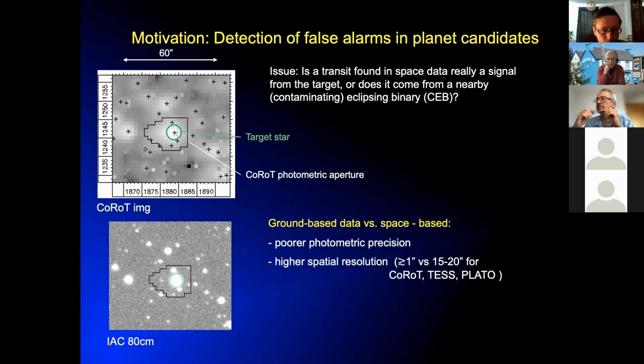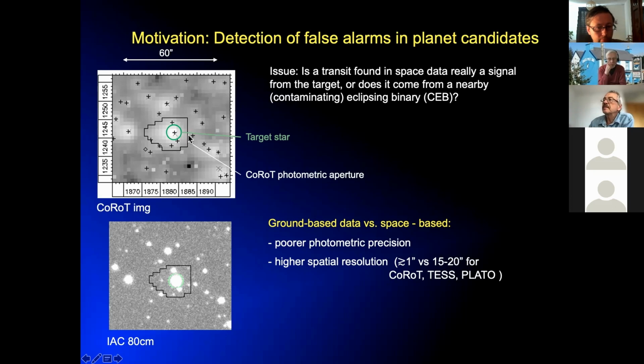In Corot, which I show here in the upper image, actually the pixels are relatively small. They are 2.3 arc seconds, but they had defocused the image. And in other missions like TESS and Plato, the pixels are actually quite big. So a TESS or Plato pixel will be about like 5 to 6 of these pixels, so in linear direction, so over 20 of the Corot pixels.